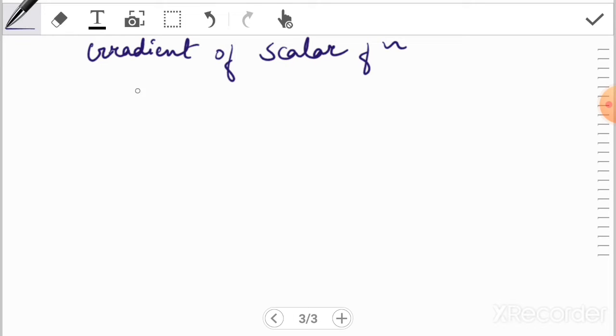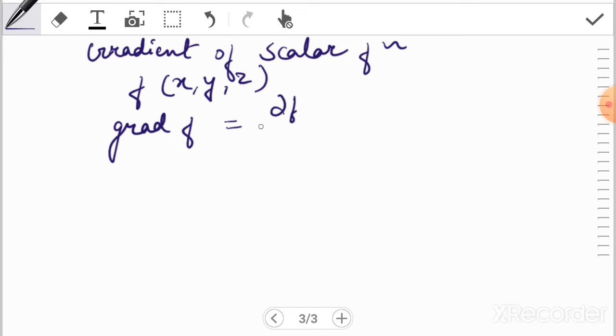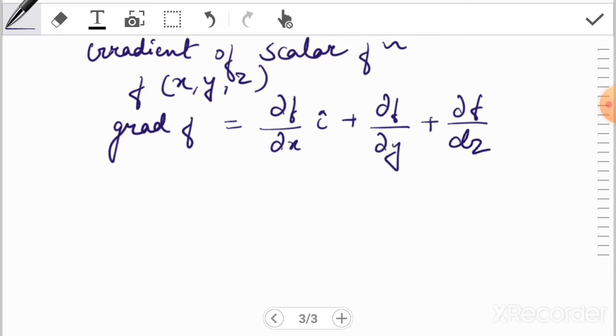So if we have a scalar function f, the gradient of f will be del f by del x i plus del f by del y j plus del f by del z k.